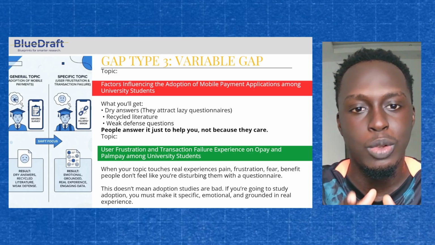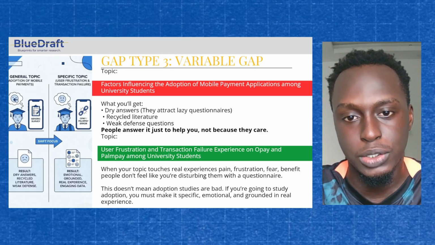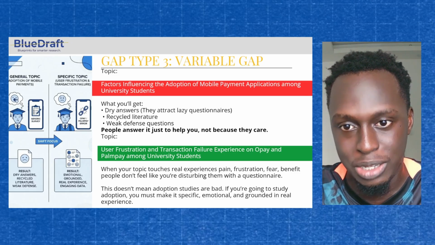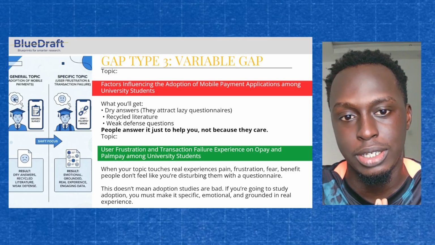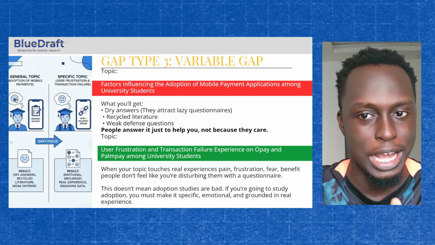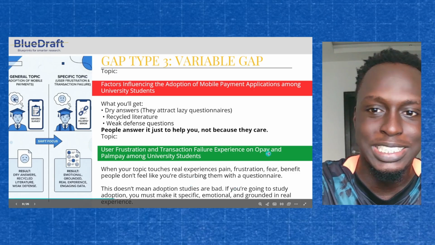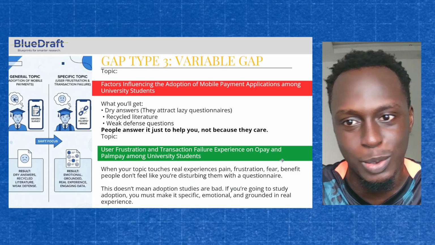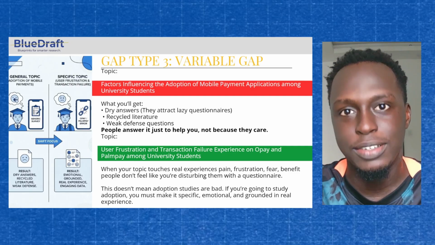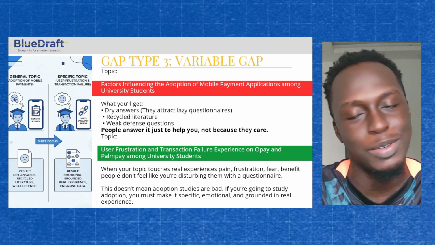But now look at this topic: users' frustration and transaction failure experience on OPay and PalmPay among university students. This sounds more interesting. I think I need to replace this with something like EcoBank versus OPay, because OPay is fast, and EcoBank has disappointed me a lot of times.